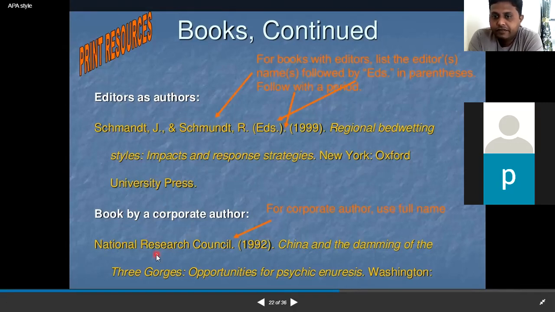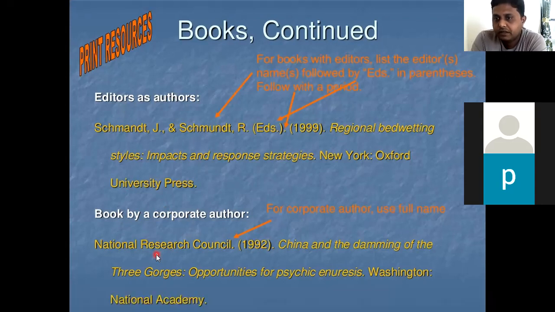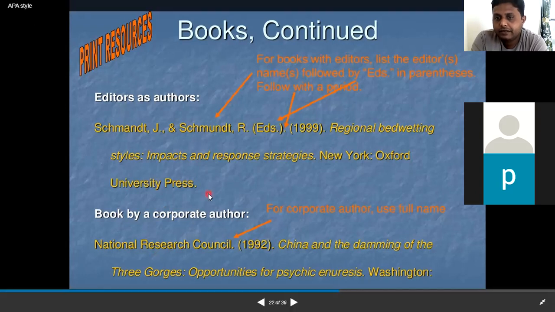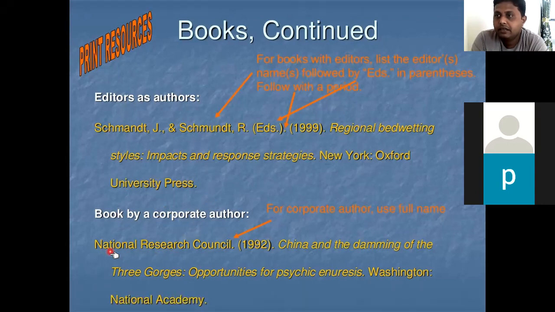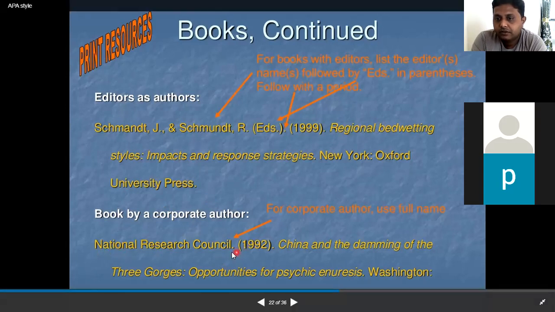See, if the author is some corporate company, some council, some group, some committee, what happens in that case? The name of that council, committee, group, or team is used, like WHO, it's a group, a team. IIT, it's a group. Like that, National Research Council, full stop.